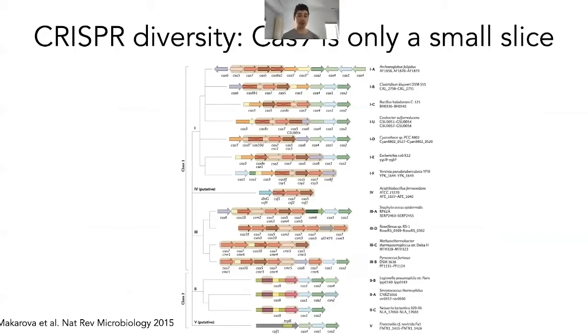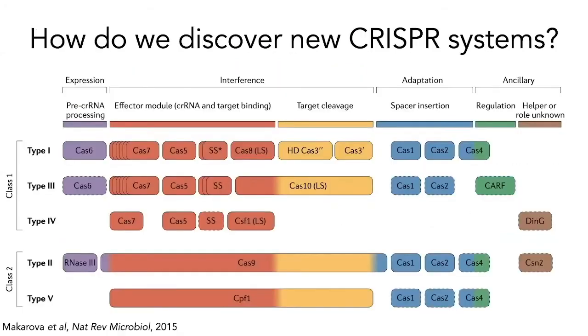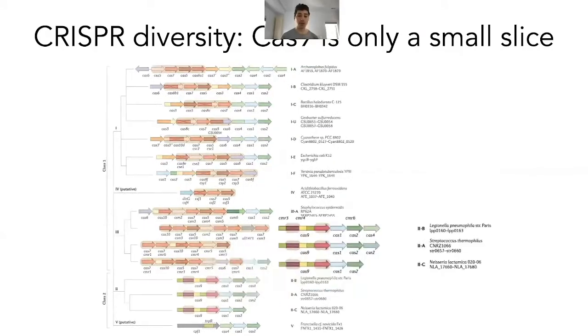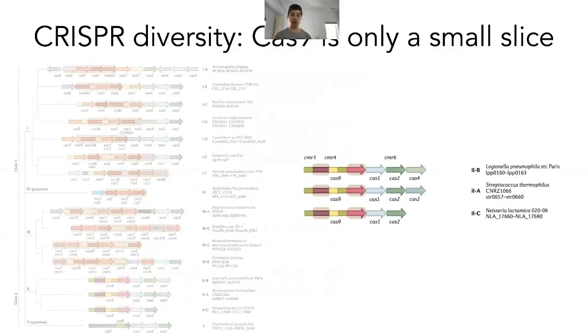Typical applications of CRISPR systems would most likely involve Cas9. But the Cas9 system, which is a type 2 system, is actually only a small slice. If you look at this tree and schematic of all the different CRISPR systems that are known, and it's even more broad now, you can see that Cas9 is only a small subset of this.